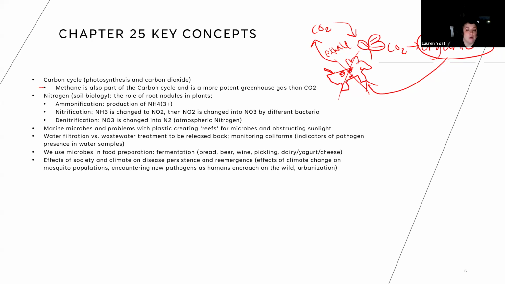Methane is also important, where this cow might have bacteria living in its guts and then release methane from its booty. Methane is CH4, and it's actually a more potent greenhouse gas than CO2.